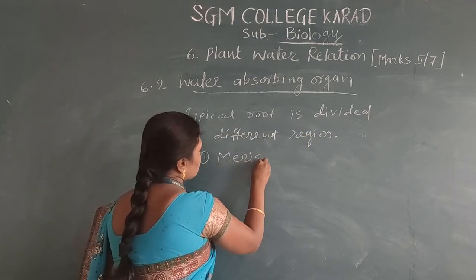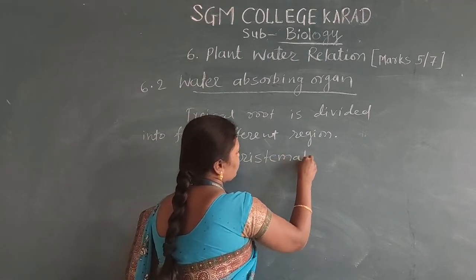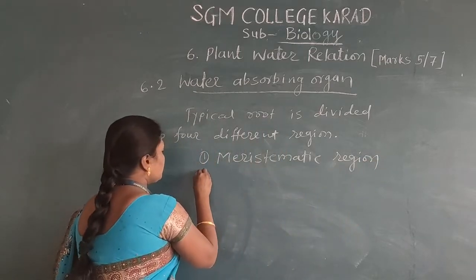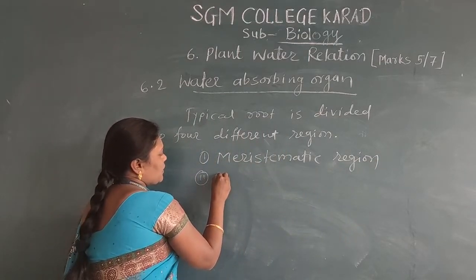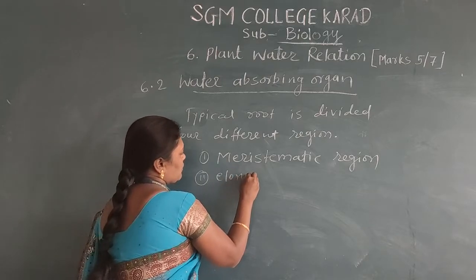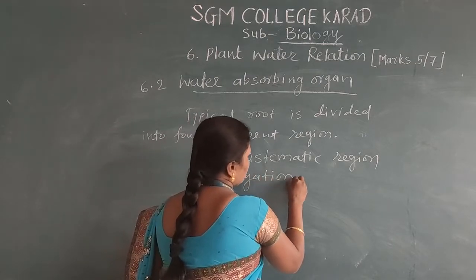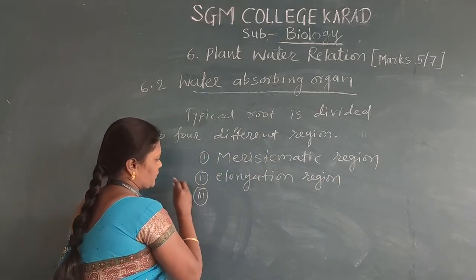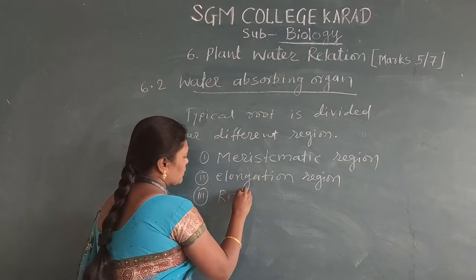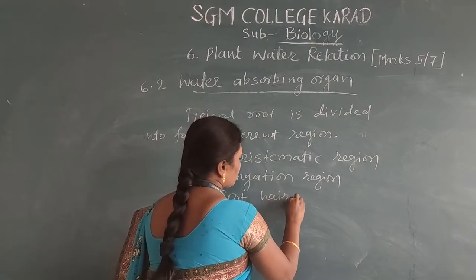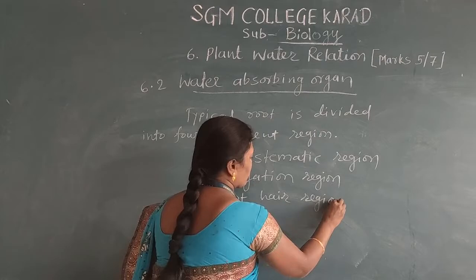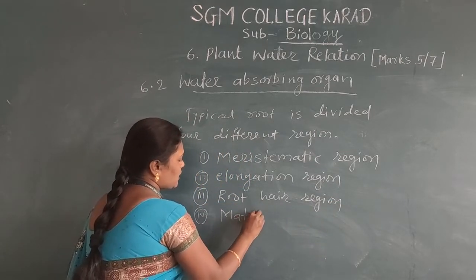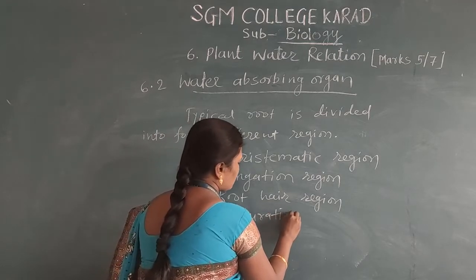Meristematic region, another one is elongation region, number three root hair region, and the last one is maturation region.